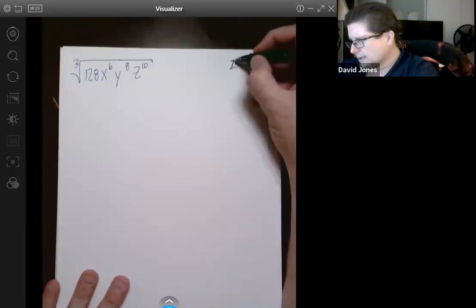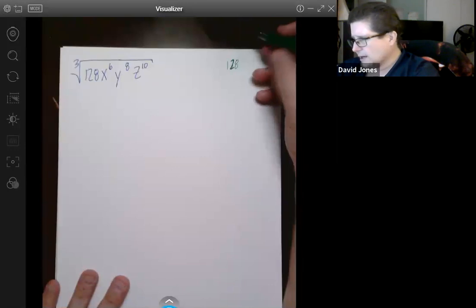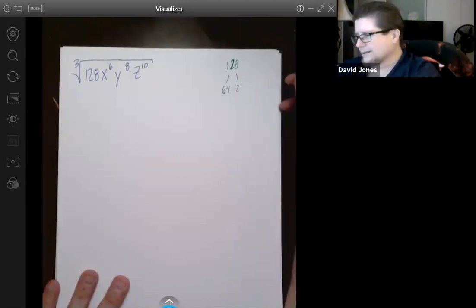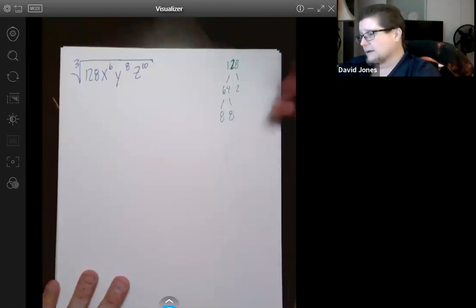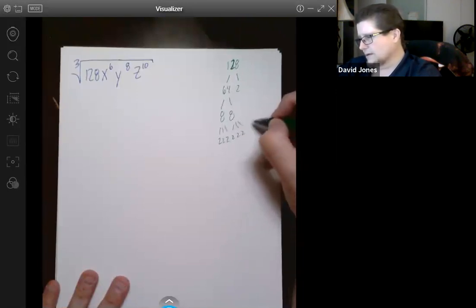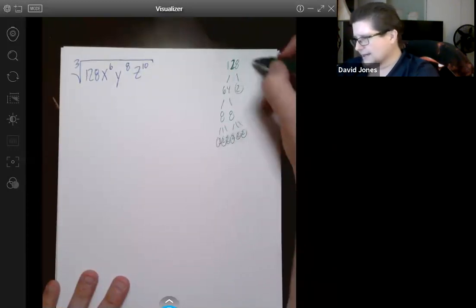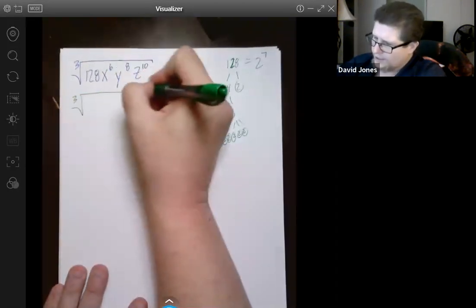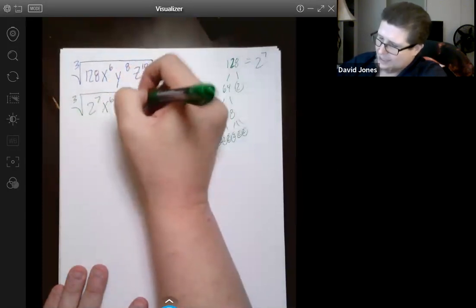Well, it's 64 times 2. 64 is 8 times 8. And each 8 is 3 2s. So I've got how many 2s? 7. This is 2 to the 7th power. So this is the cube root of 2 to the 7th, x to the 6th power, y to the 8th power, z to the 10th power.